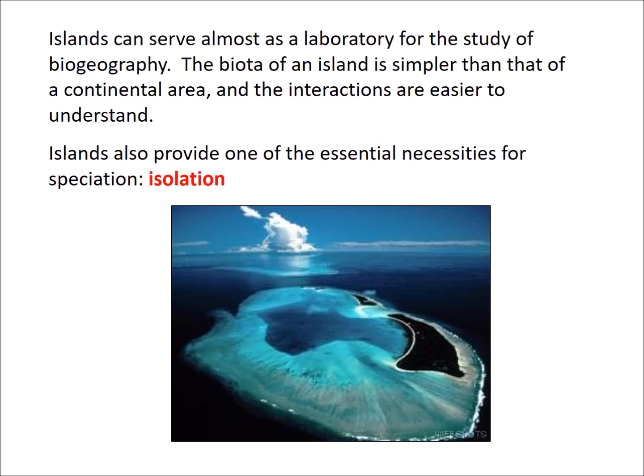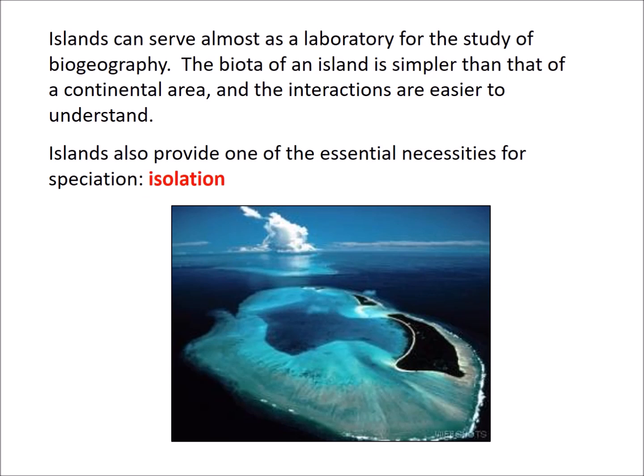And islands are really the perfect laboratory to study these 4 fundamental processes. So they're relatively simple, easily defined units. So it's very easy to draw a border around an island. That might be a little bit more difficult when you're looking at a continental scale, for example. So how do you draw a border around the biogeography of Toronto, for example?